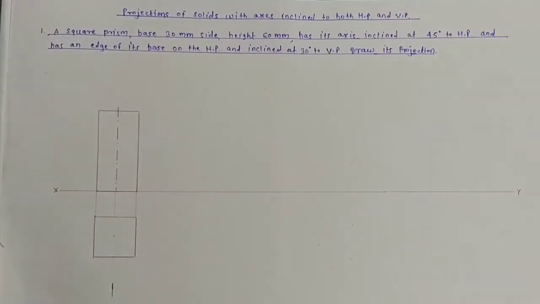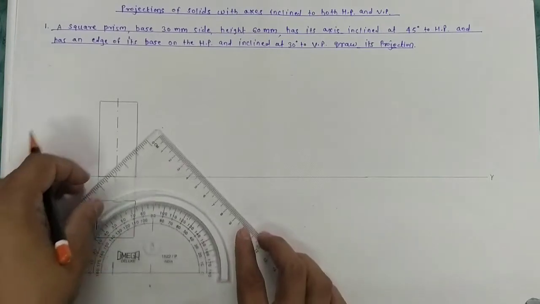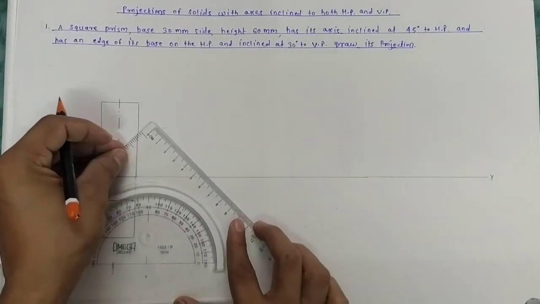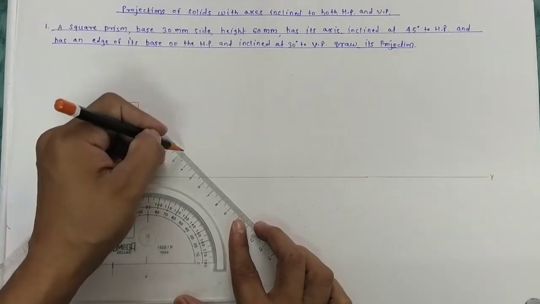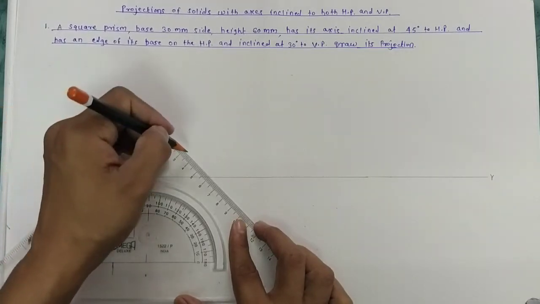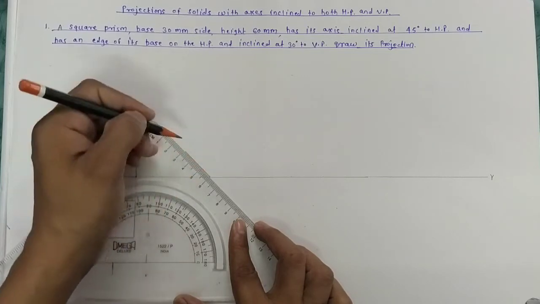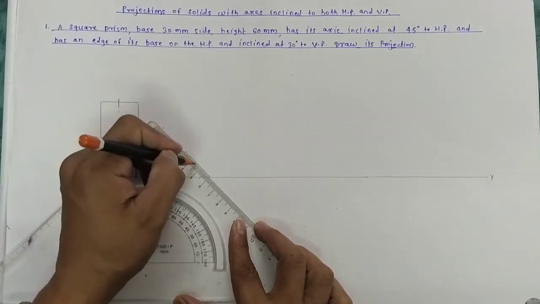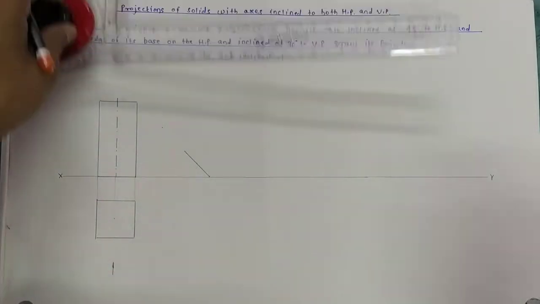So when drawing this intermediate position, from the base, take an angle of 45 degrees, and draw perpendiculars.